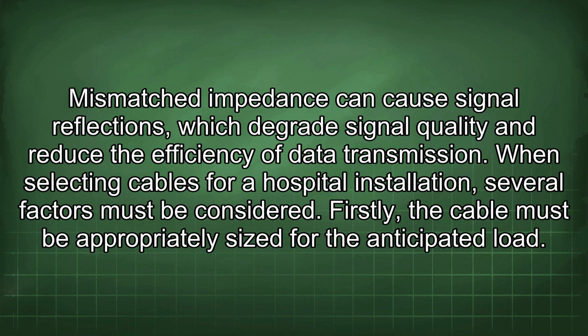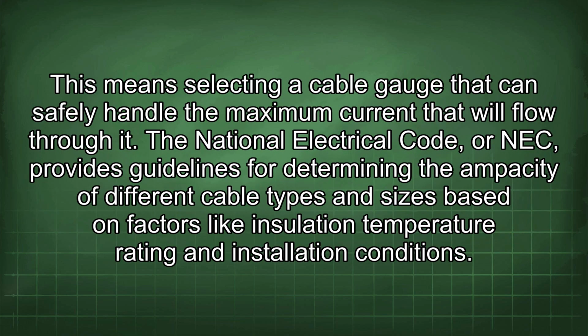When selecting cables for a hospital installation, several factors must be considered. Firstly, the cable must be appropriately sized for the anticipated load. This means selecting a cable gauge that can safely handle the maximum current that will flow through it. The National Electrical Code, or NEC, provides guidelines for determining the ampacity of different cable types and sizes based on factors like insulation temperature rating and installation conditions.